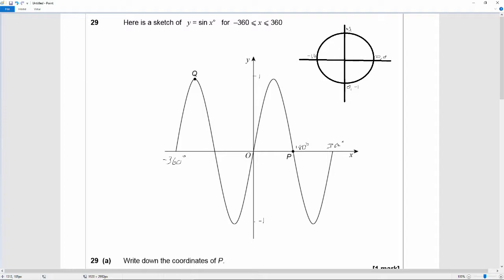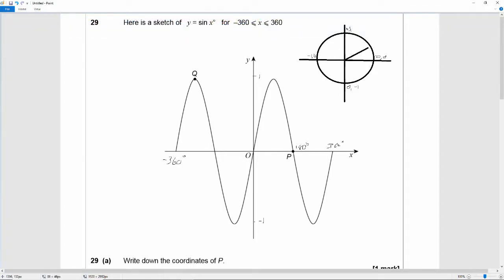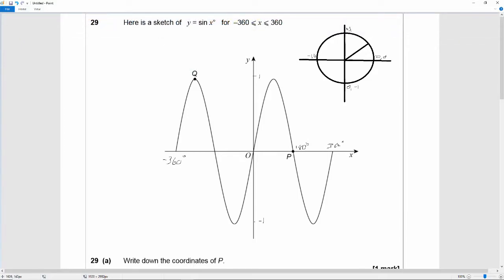And the cosine is the distance along the, in fact, if I draw a radius in, there you go. So if I can make a thinner line, there's a pretend triangle here.